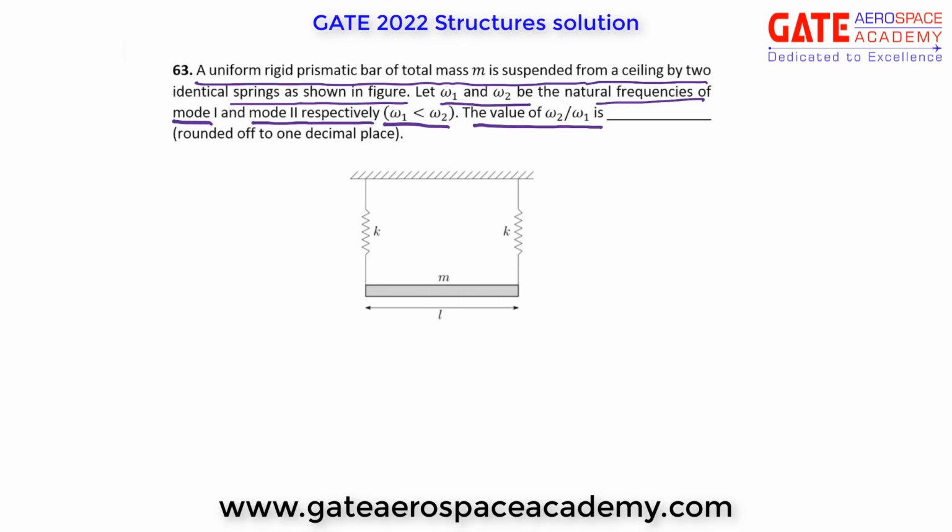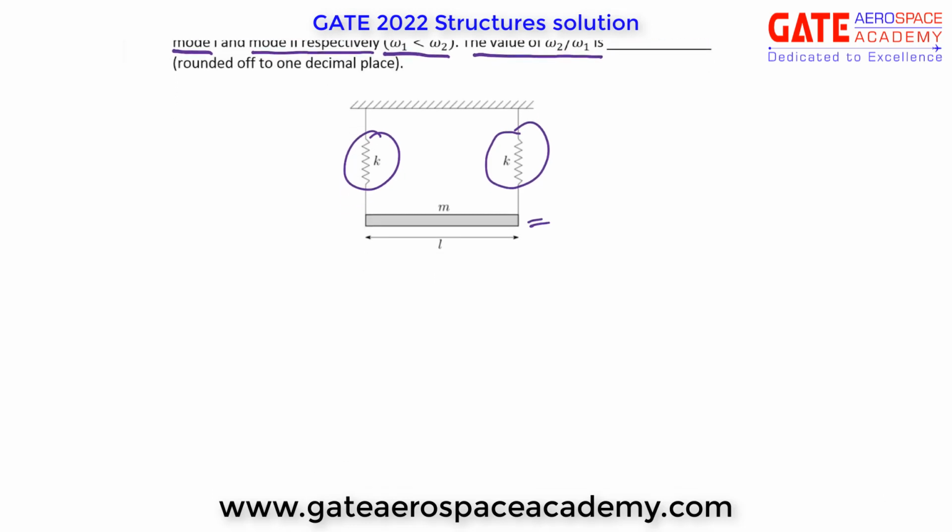So this rigid bar is suspended from a ceiling with two identical springs of spring constant K, right? So there will be two modes of vibration. Let's see those modes.